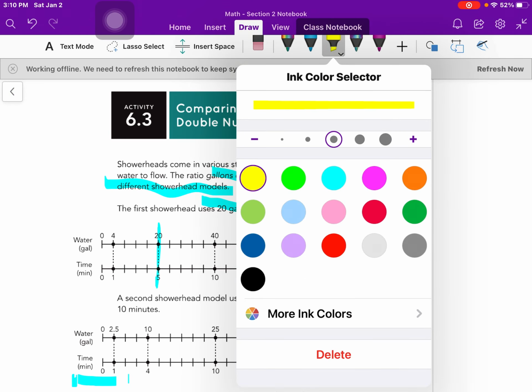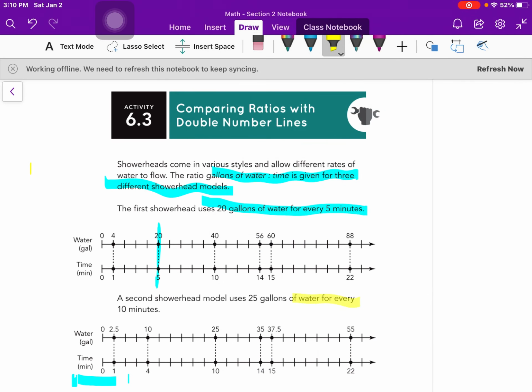You can see the second shower head type uses 25 gallons for every 10 minutes. And they put that one on here, right here, 25 gallons for every 10 minutes, and plotted a few other points on here as well. 10 gallons for 4 minutes, 2.5 gallons for 1 minute, 35 for 14 minutes, 37.5 gallons for 15, so on and so forth.